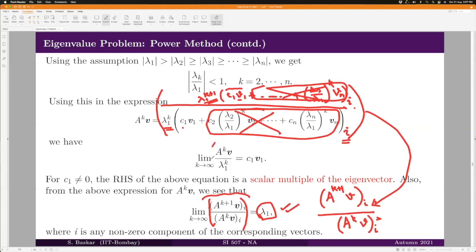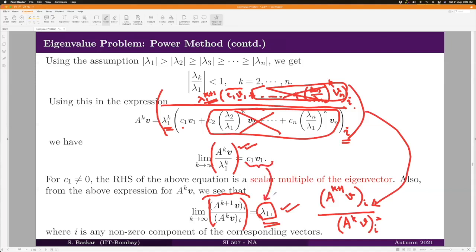This is a sequence of vectors, right? And this is a sequence of real numbers, and that is converging to the eigenvalue lambda 1. And this sequence of vectors is converging to an eigenvector of lambda 1. That is what we have seen from these calculations.